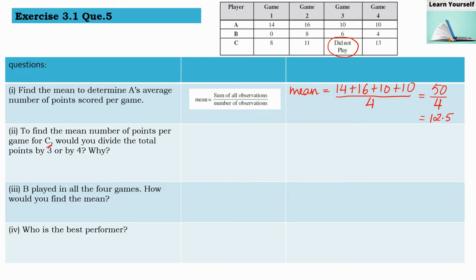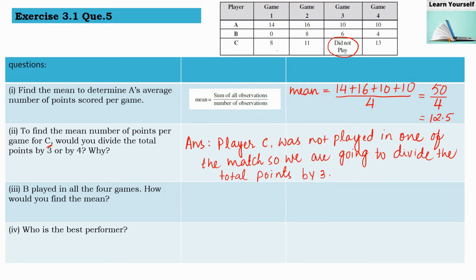So when we are finding the mean, we are going to divide by 3 and not 4 because he was not present in this game. So the total number of observations we are counting here is 3 and not 4. So as an answer we are going to write here that player C did not play in one of the matches. So we are going to divide the total points by 3 and not by 4.